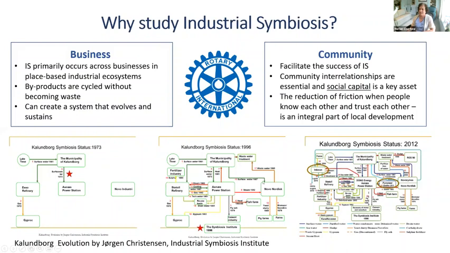And by 1996, look how dense it's going. There's so many different kinds of industries. There's a power station, and there's a fish farm, and Novo Nordisk is an important pharmaceutical company. And each arrow you see means that they're sharing, one company's residual becomes another company's feedstock. And that's what you're seeing in 2012, even more concentrated.